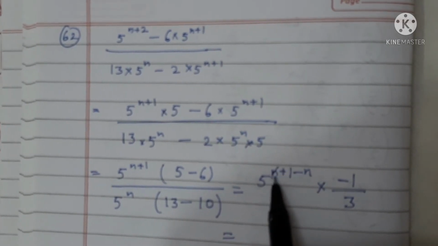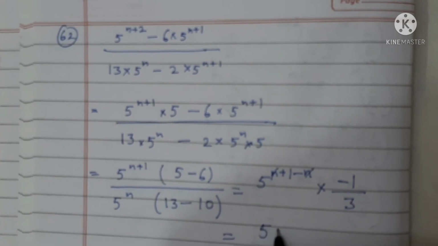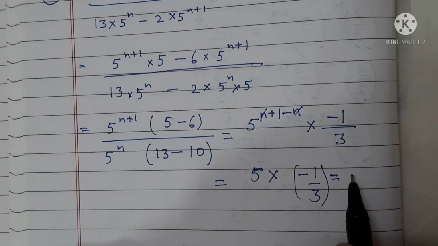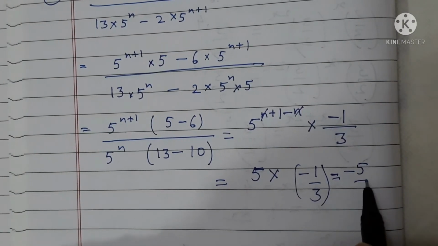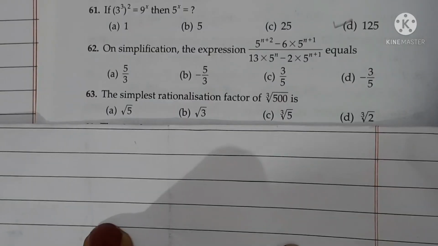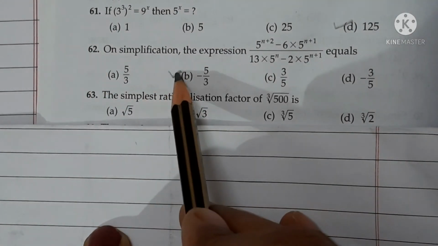This n cancels, only 5 into minus 1 upon 3. So this becomes minus 5 upon 3. This is our answer. Option B is correct. Question number 62.